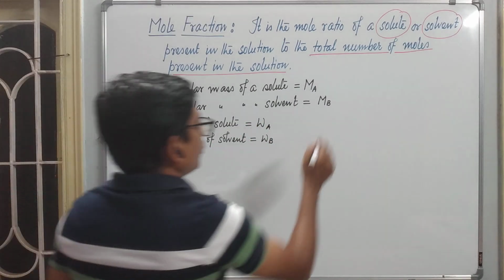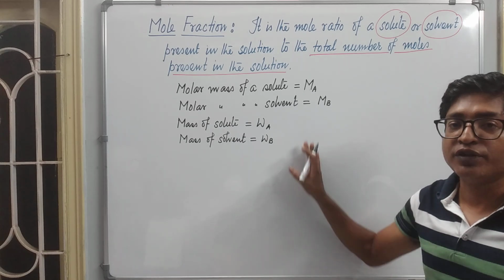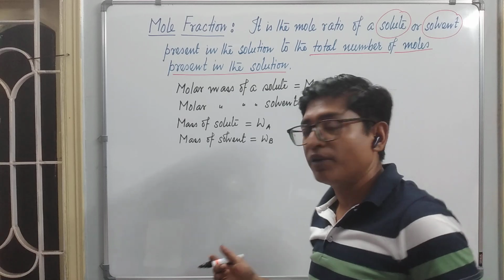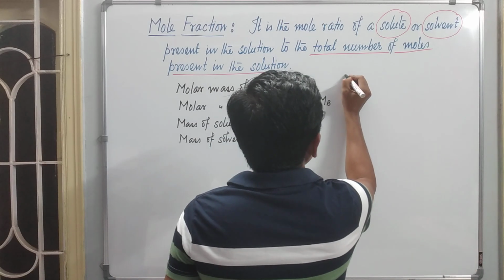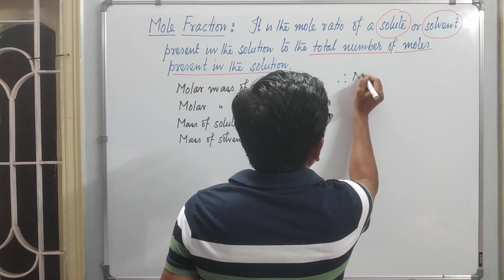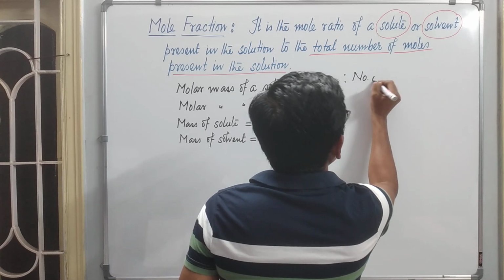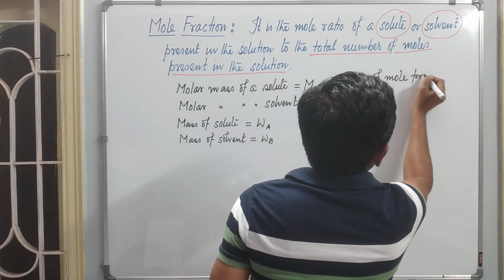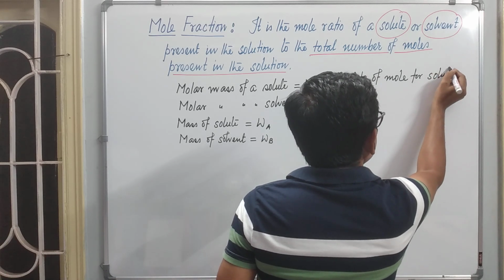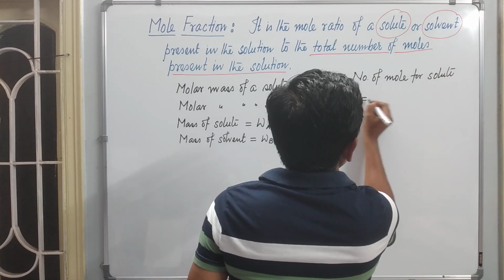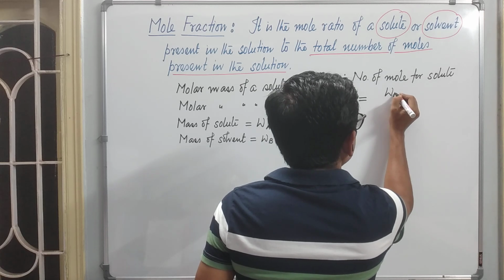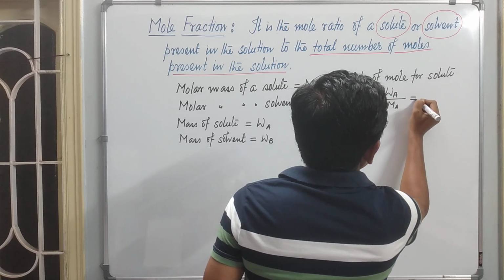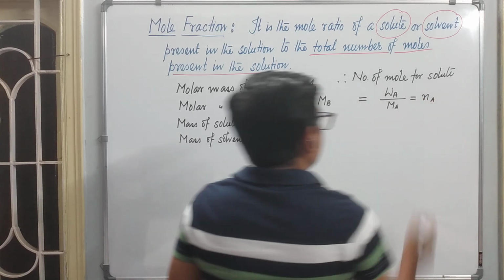Once we have the molar mass as well as the mass of individual components, either solute or solvent, we can easily calculate the number of moles. Therefore, the number of moles for solute can be calculated as mass by molar mass. Let's say this one is NA.